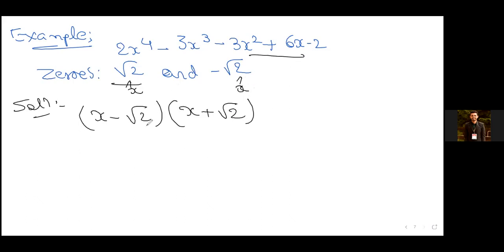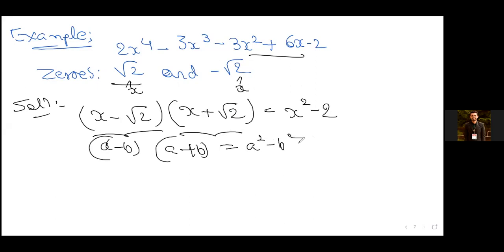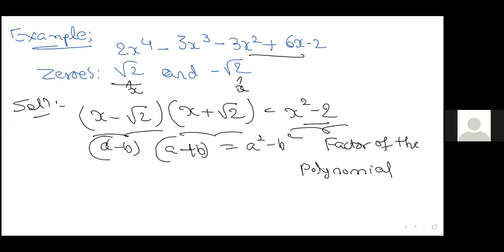Just on simplifying, since this is a minus b into a plus b, it is of the form a square minus b square. This is what we obtained. This is a factor of the polynomial, and we can use this as the divisor. Now let us perform the division process.